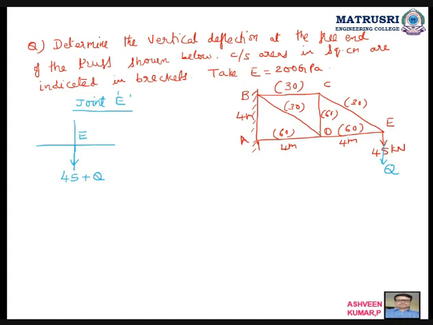Then this is D, and this is C. What is the angle here? This is 4 and this is 4. So theta is equal to tan inverse of 4 by 4, which is 45 degrees.